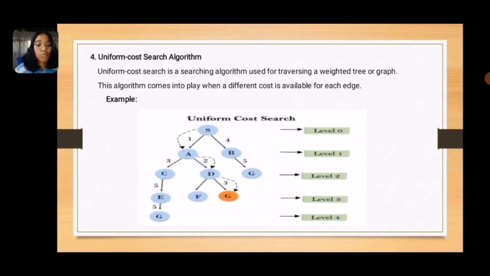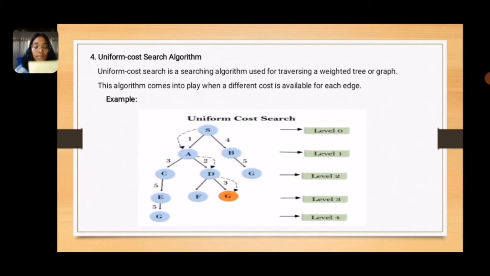The primary goal of uniform cost search is to find a path to the goal node which has the lowest cumulative cost. Uniform cost is equivalent to BFS algorithm if the path cost of all the edges is the same.